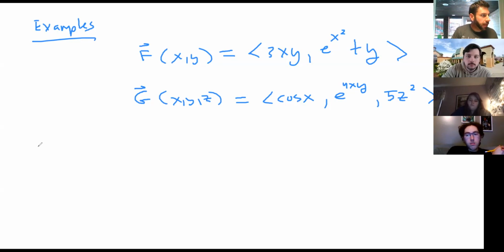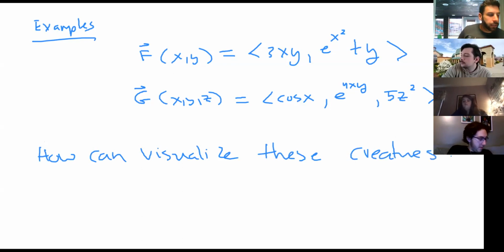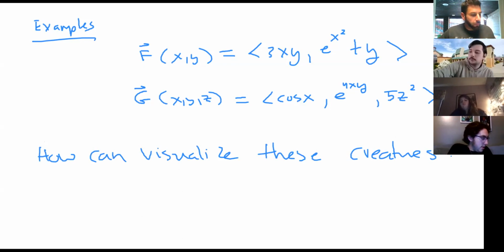Okay, so let's motivate it like that. How can we visualize these creatures? Perhaps the best way I can get you to think about it would be to use things from the physical world.